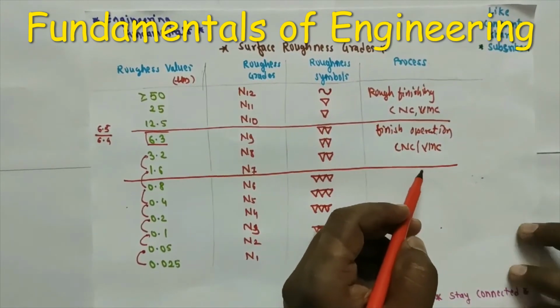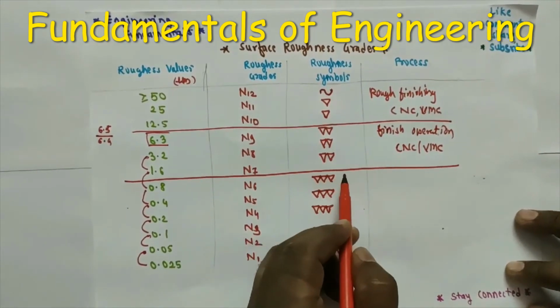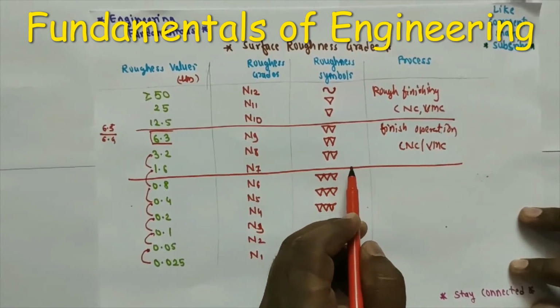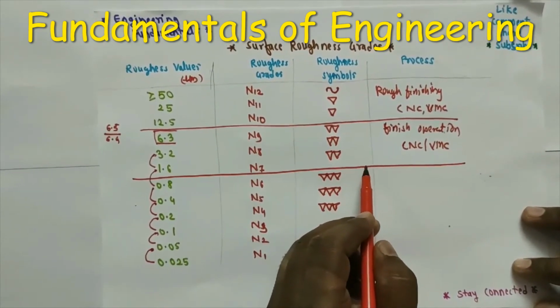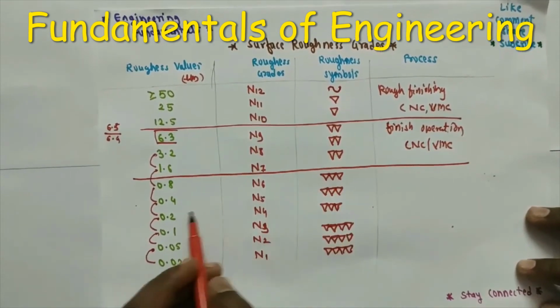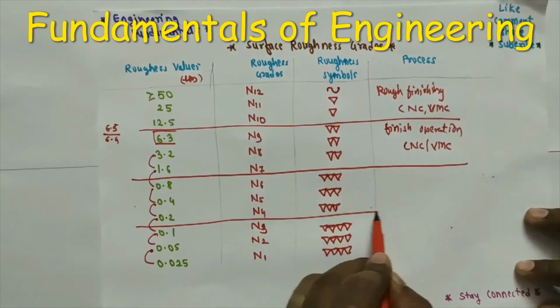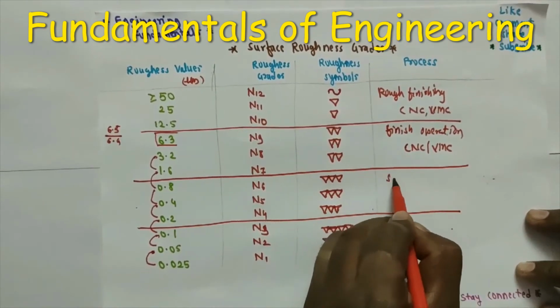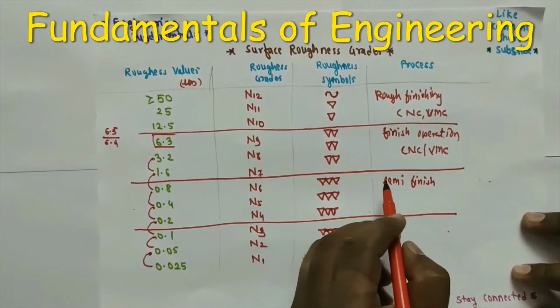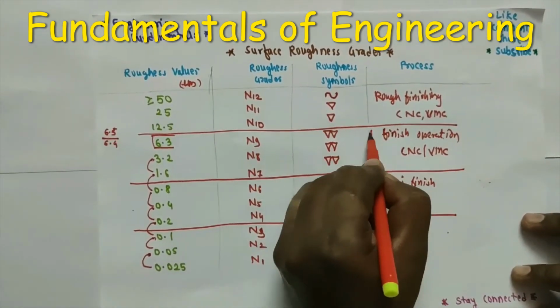These symbols we get when we do the operation by using hot rolling, forging, extrusion, flame cutting, sawing or chipping. Then these three triangles are the semi finish. Sorry, this is the semi finish.